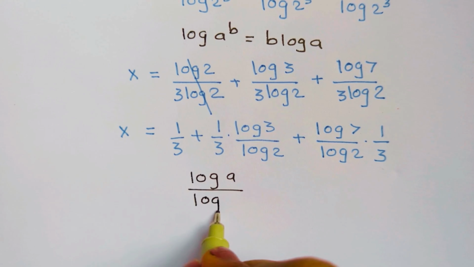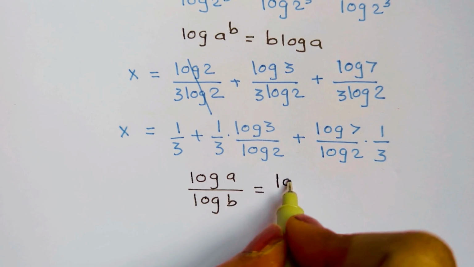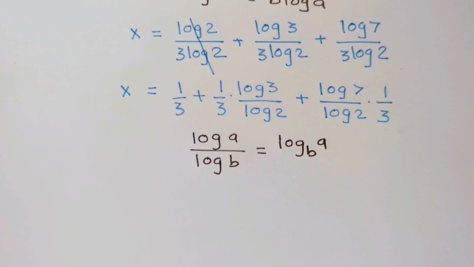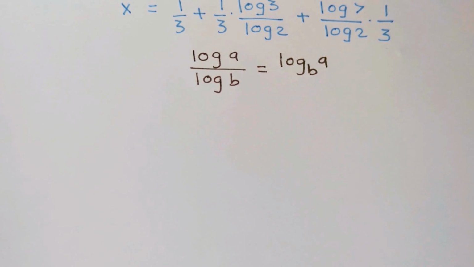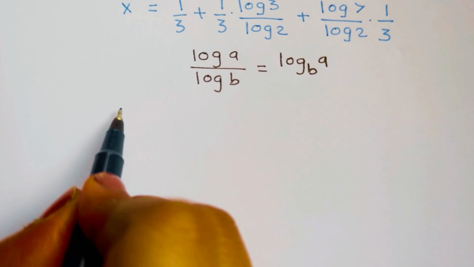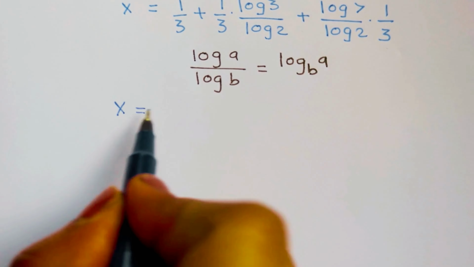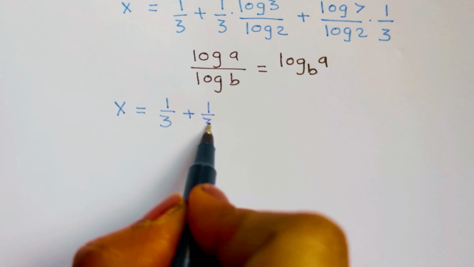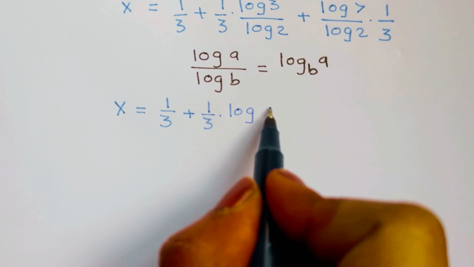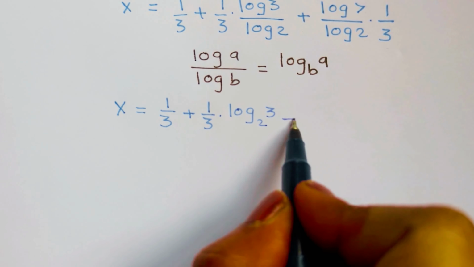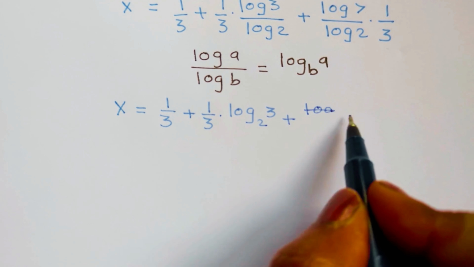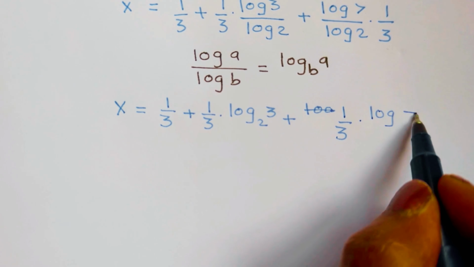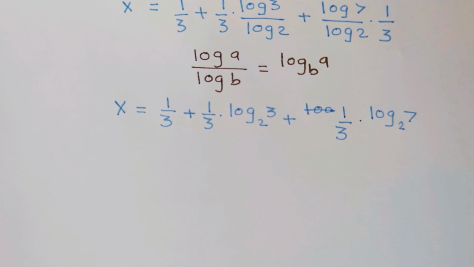Now we know a formula: log A divided by log B would be log A with the base B. Let's utilize this formula and keep it in our equation on the right hand side. So x would be 1 by 3 plus 1 by 3 into log 3 with base 2 plus 1 by 3 into log 7 with base 2.